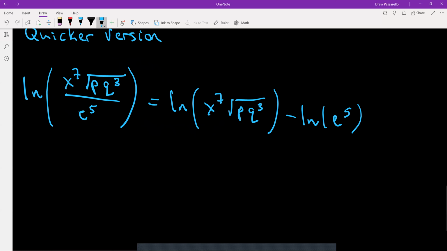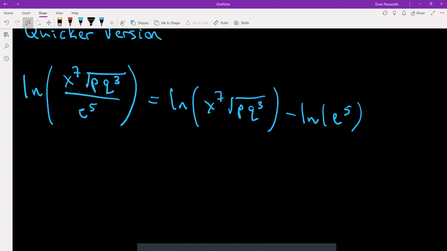All right, then because there's technically a multiplication, because I have x to the 7 times the square root of p q to the third, I changed that to addition. So I separated it, so natural log of x to the 7 plus the natural log of the square root of p q to the third.